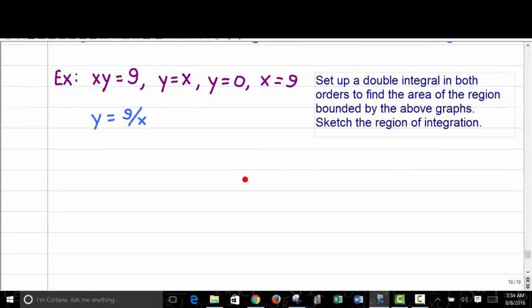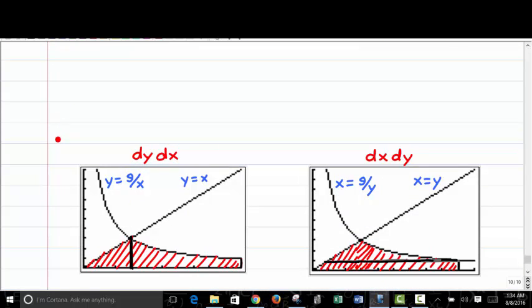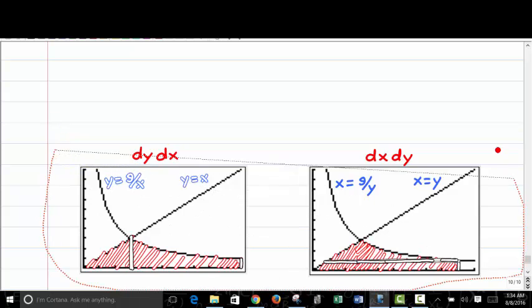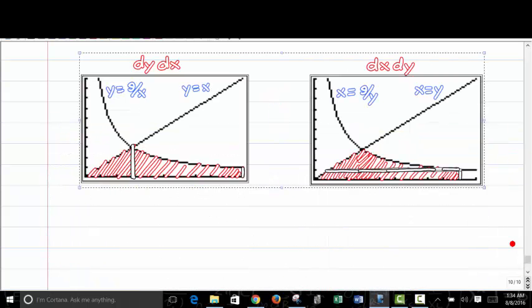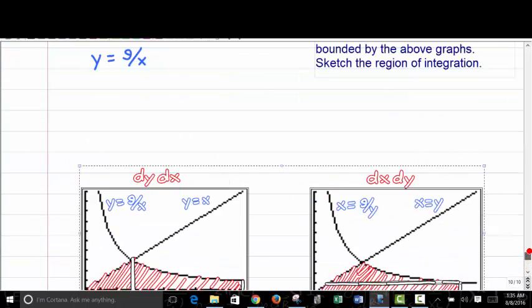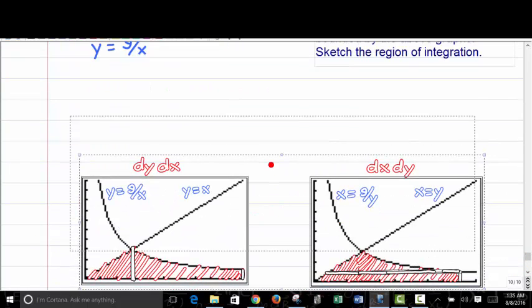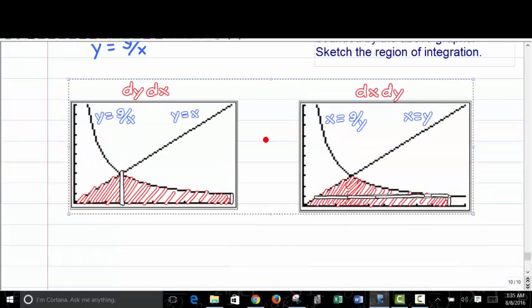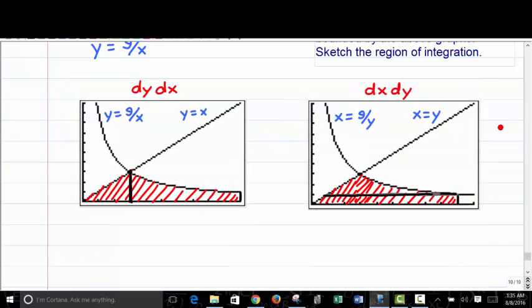Set up a double integral of both areas. I didn't bother to work out the integrals. I think, or maybe I put them in Maple. We'll see. Oh yeah, I did. I put them in Maple, just to verify.